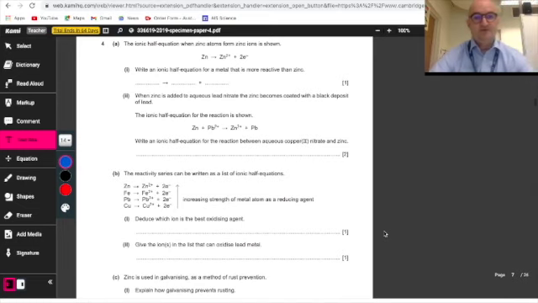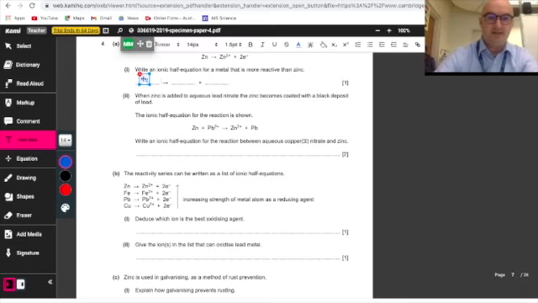Now, question 4. The ionic half equation when zinc atoms form zinc ions is shown below. Write an ionic half equation for a metal that is more reactive than zinc. Well, anything that is more reactive than zinc, let's try magnesium.